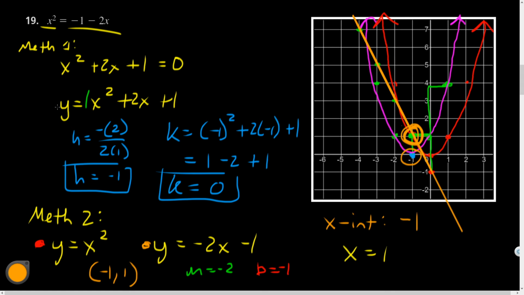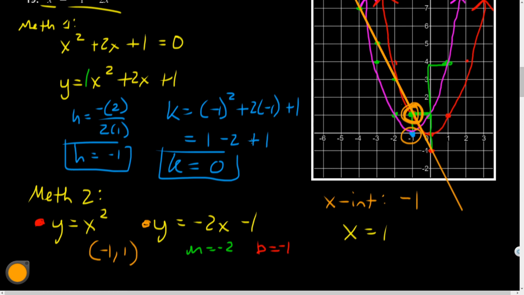So this is method 2. I wouldn't have done method 1 if I was only doing method 2. All right. And so whatever the x coordinate of that intersection is will be the solution of the original equation.